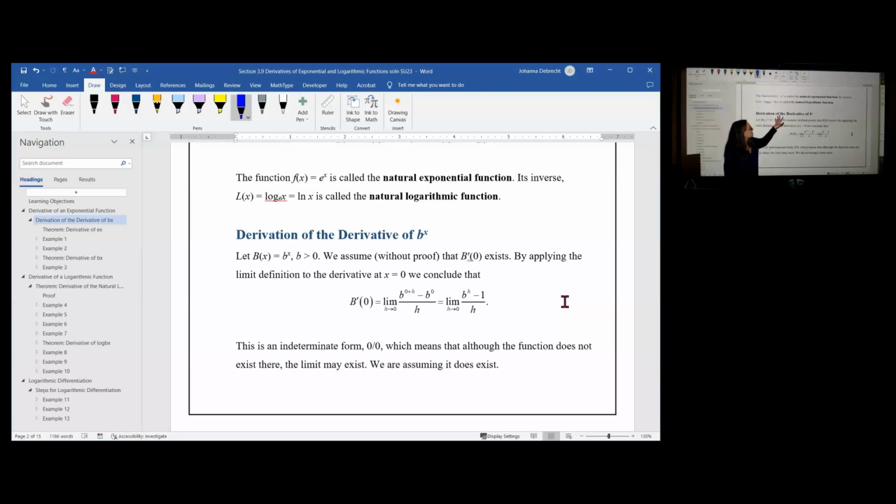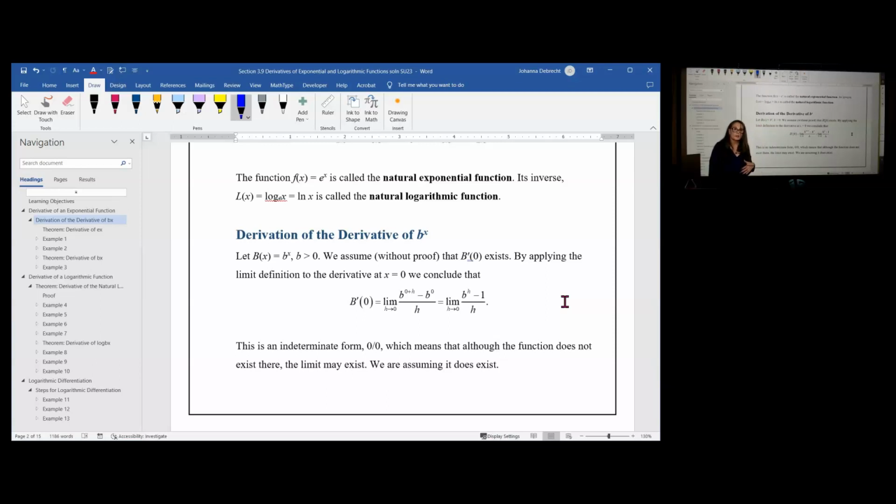Now let's look at the derivation of the derivative of some number raised to the x power. We're just going to give a brief overview of what we have here, and then we'll get a little bit more into the formulas for the derivative. We're going to define a function, uppercase B, to be this positive number raised to the x power.